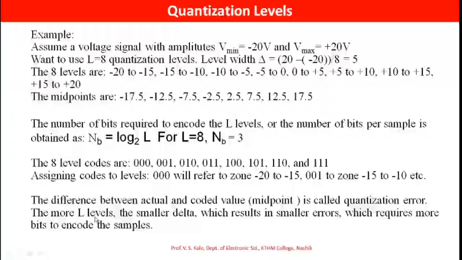The more L levels, the smaller delta, which results in smaller error, that is quantization error, but which requires more bits to encode the samples. To increase the accuracy, a high value of L is to be used, for example 16, 32, 64.